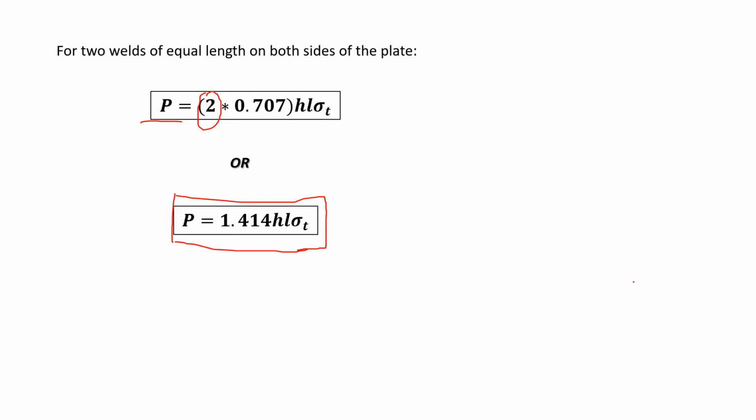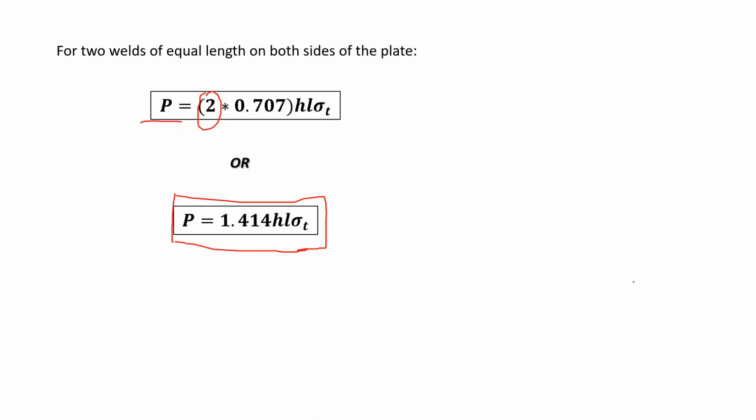In addition, the throat is subjected to a bending moment also because of the shear stresses, which adds to the complication. In the coming lecture, we can prove that in the transverse fillet weld, the plane where the maximum shear stress is induced is inclined at an angle of 67.5 degrees with the leg of the weld.